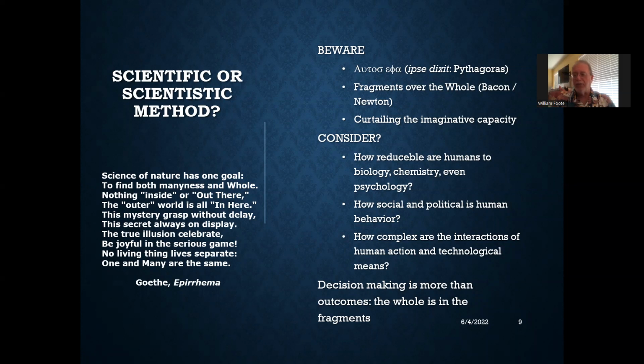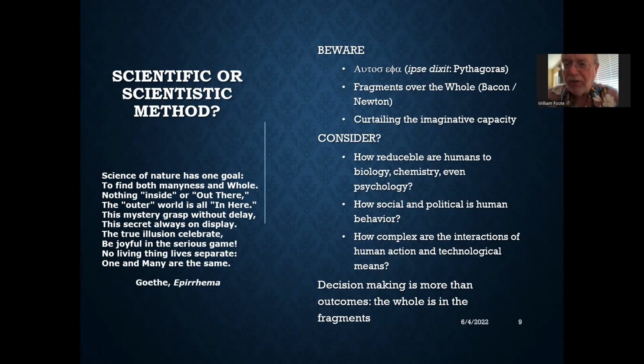And again, falling back on Goethe's idea as opposed to bacon and Newton. You could either take the glass is half full, or you can take the glass is half empty. And when we're looking at complex organisms like social organizations, with human decision makers, very complex, we need to take the whole over the fragments.